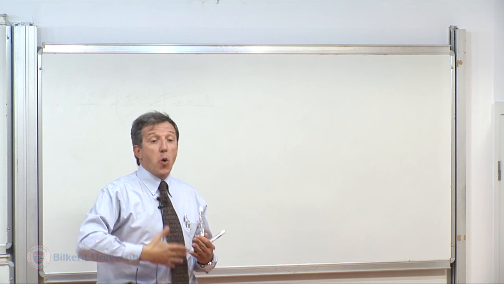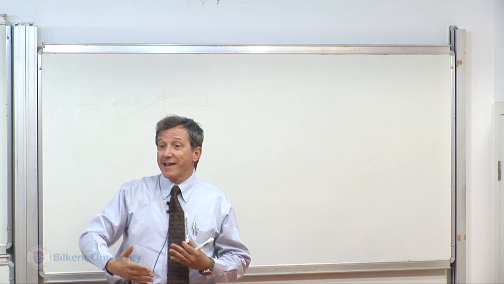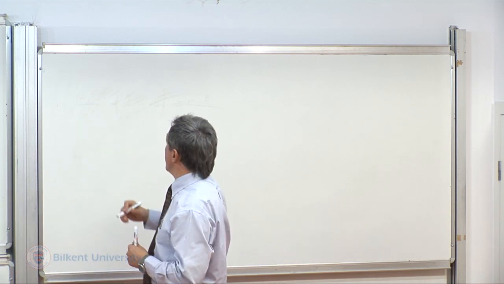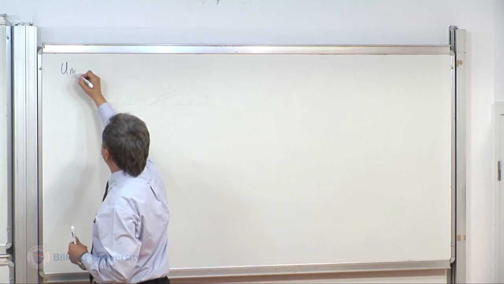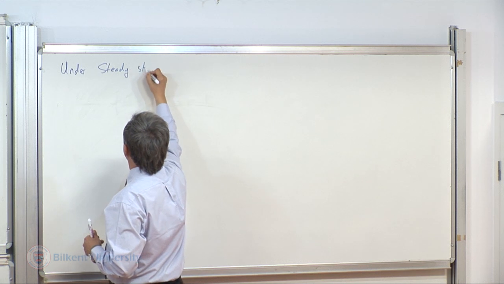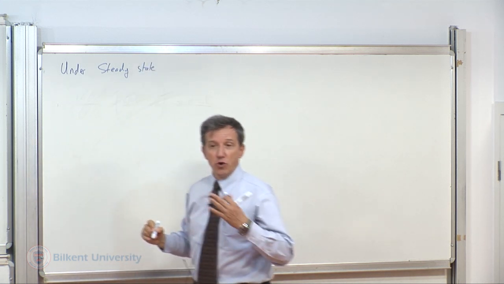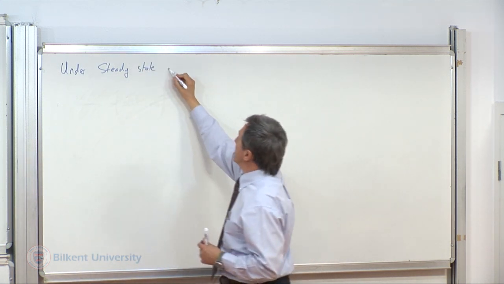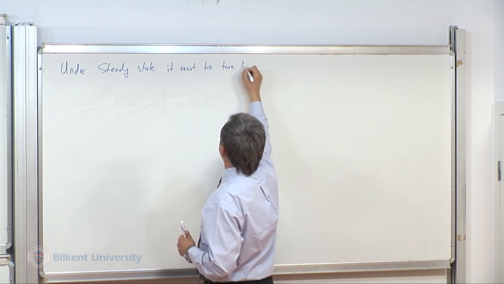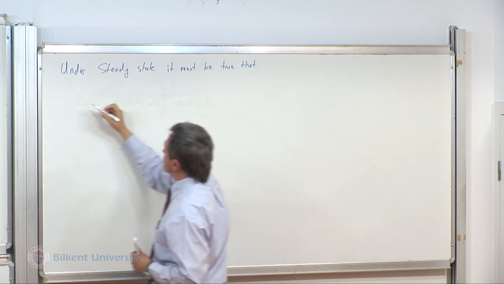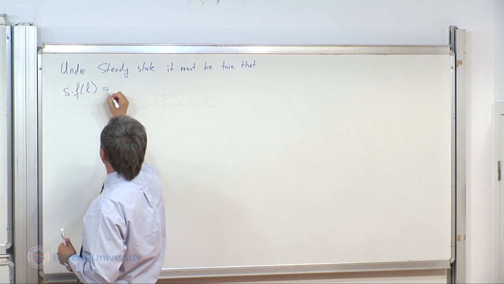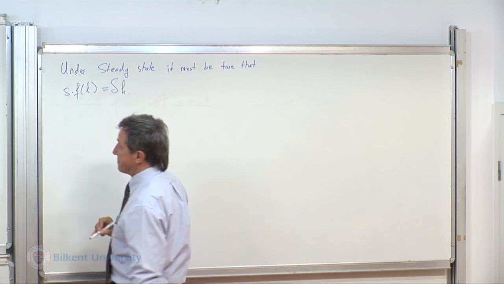As long as there are positive rates of return, capital accumulation must continue. So under steady state, or under neoclassical equilibrium, it must be true that s times f of k must be equal to delta k.